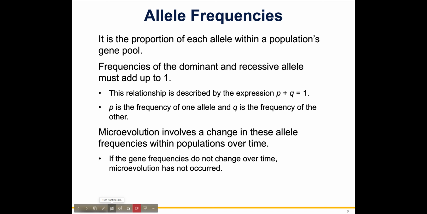And then they would leave that population alone. Then they could come back at a later time, calculate again that p value, the dominant allele frequency, and that q value, the recessive allele frequency. And if those numbers have changed, then it means our population has undergone microevolution.